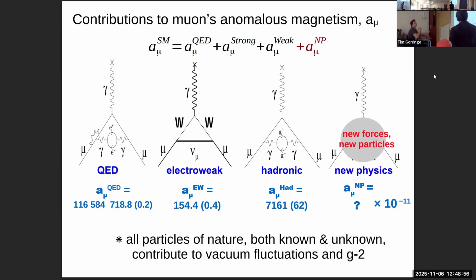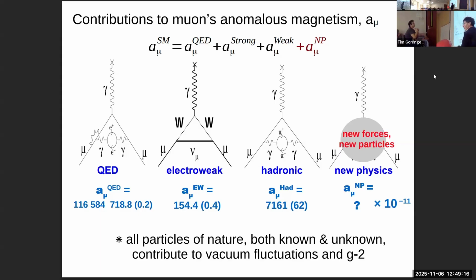And that prediction arises from several distinct contributions. One of the contributions is from vacuum fluctuations involving electrons, positrons, and photons. This is a picture of it, and that's the big contribution.